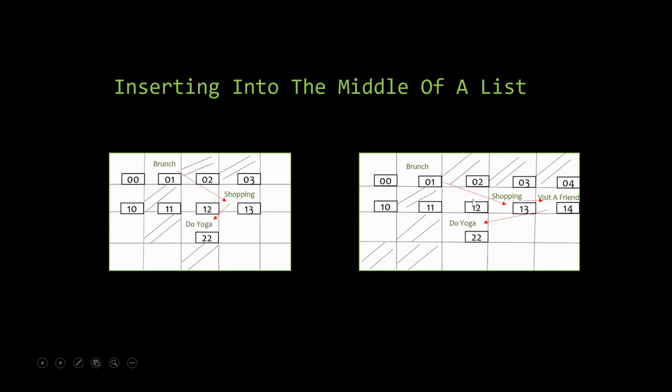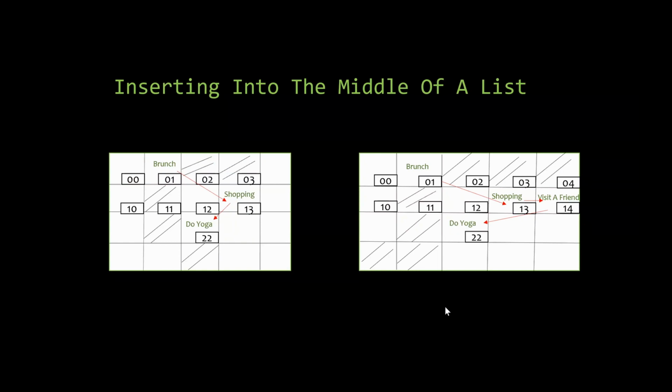Suppose we suddenly want to visit a friend and put it after shopping. So brunch points to shopping, and all we need to do is change the element that shopping points to. Earlier it was do yoga, but now it's visit a friend, and then visit a friend points to do yoga.